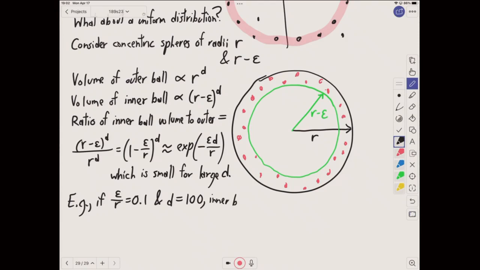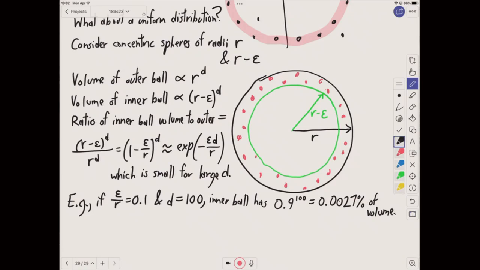Already the inner ball has 0.9 to the power of 100, which is equal to 0.0027% of the volume of the outer ball.